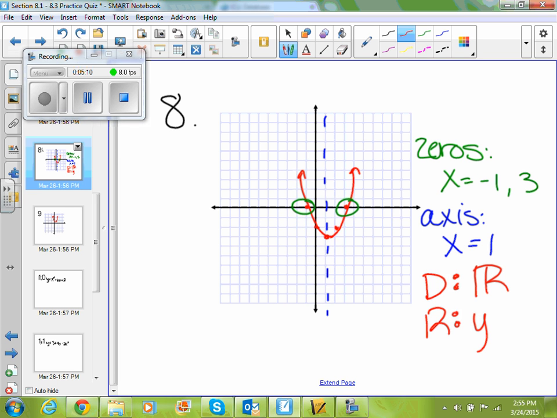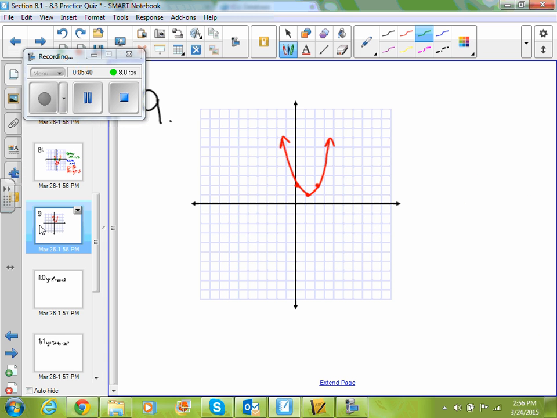Minimum, and so greater than or equal to. We use greater than or equal to, and we only look at my y value at my vertex. So what's my y value at my vertex? Negative 3. Very good. Any questions on number 8? No, pretty straightforward.